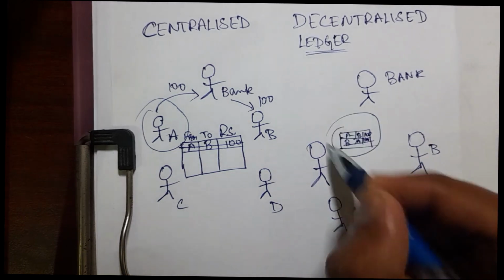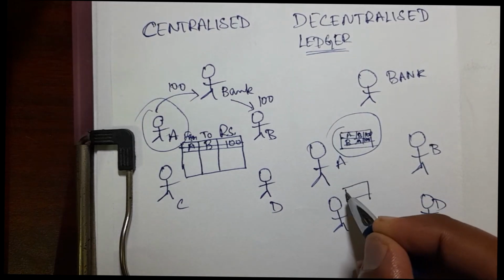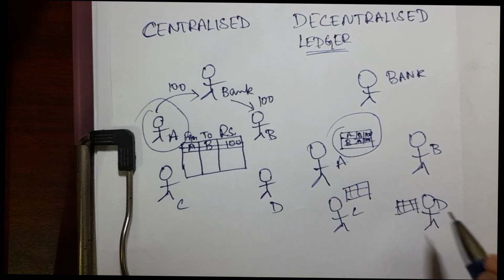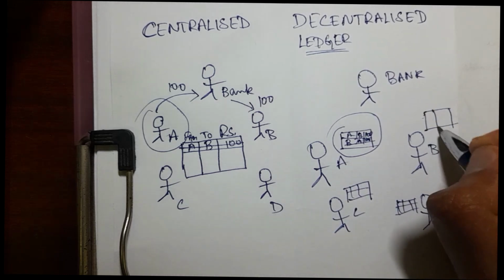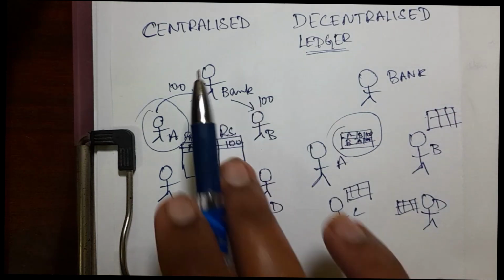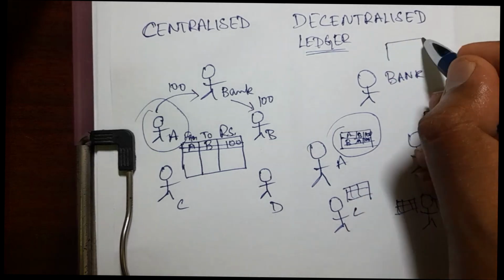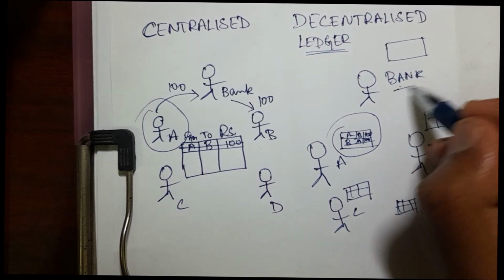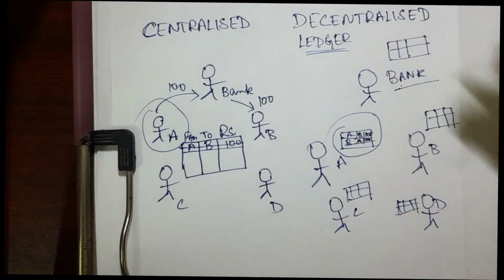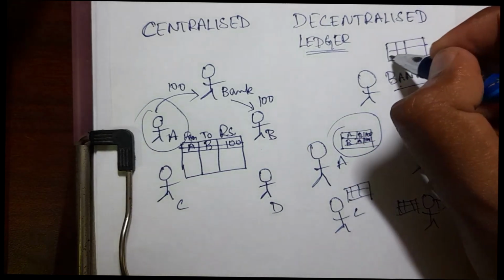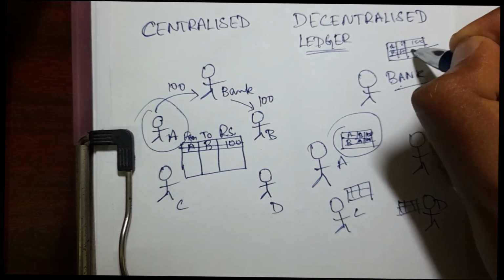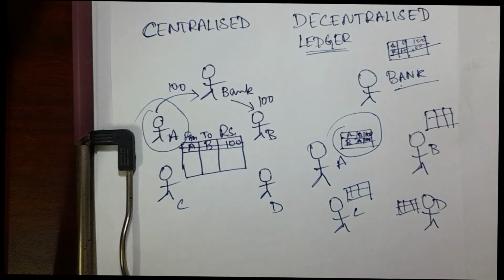This same copy will be shared with C, D, and B. Here we don't have any use for the bank, I'm just having the bank here to show the difference. Let's say this is a decentralized bank, so even this bank will have the same data. So A, B, A, 100, I'm just giving a random value.